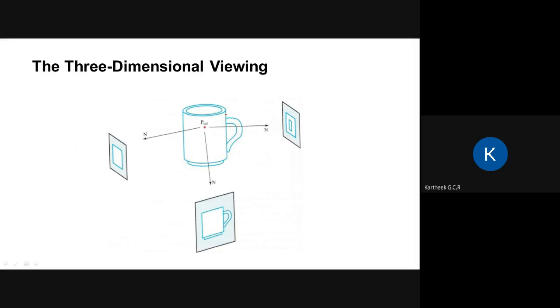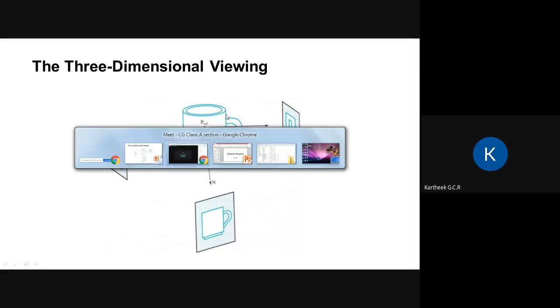So the camera position will be static, but you would be tilting it in different directions to see the world. The third thing that you can do is change the position of the camera itself, keeping the look at position constant, and you can visualize the complete object from different aspects.